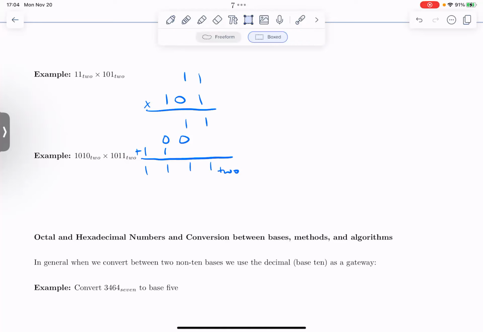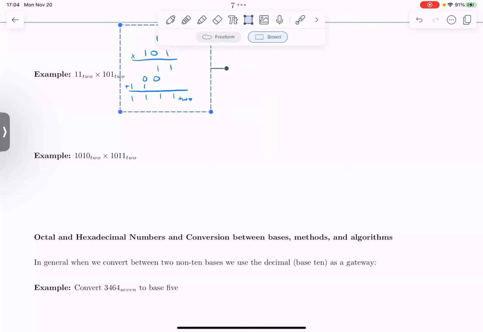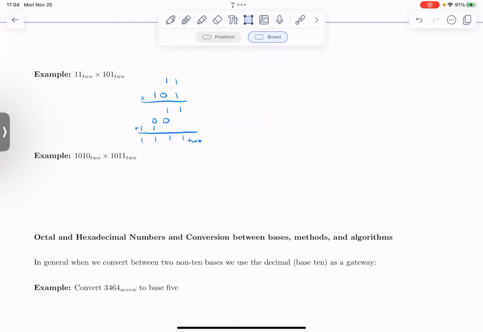And I'm going to scoot this up, and maybe shrink it down a bit. I'll try to be more careful with this next one. 1, 0, 1, 0, 1, 0, 1, 1.